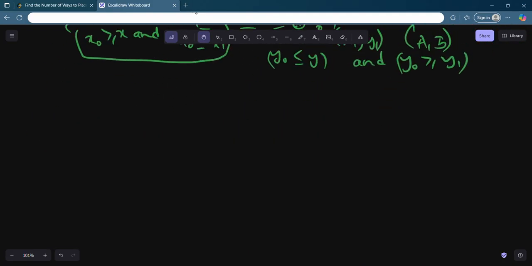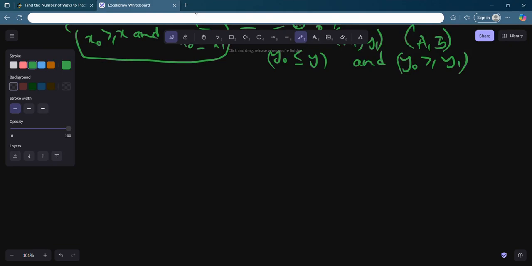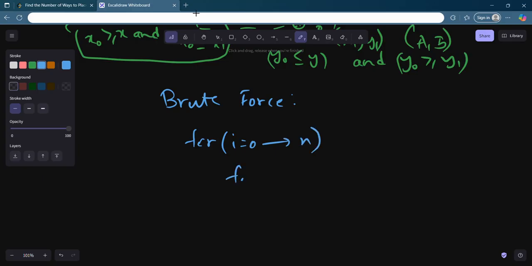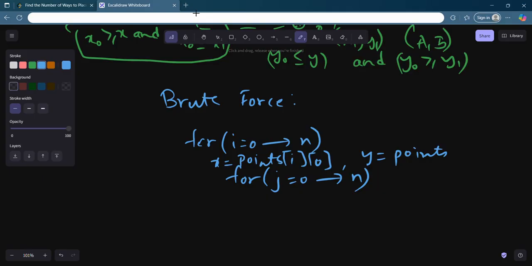So let me summarize the brute force solution which I just explained. It's very simple actually. Iterate through every pair of points. You go from 0 to n with i, and from 0 to n with j. You get x as points of i0, and y as points of i1.